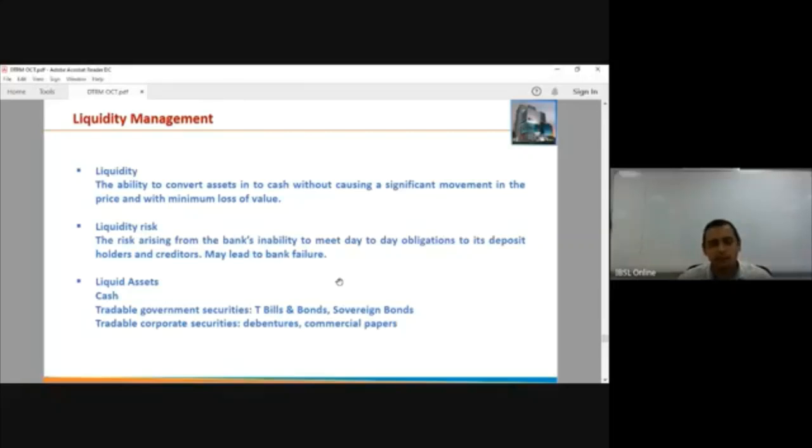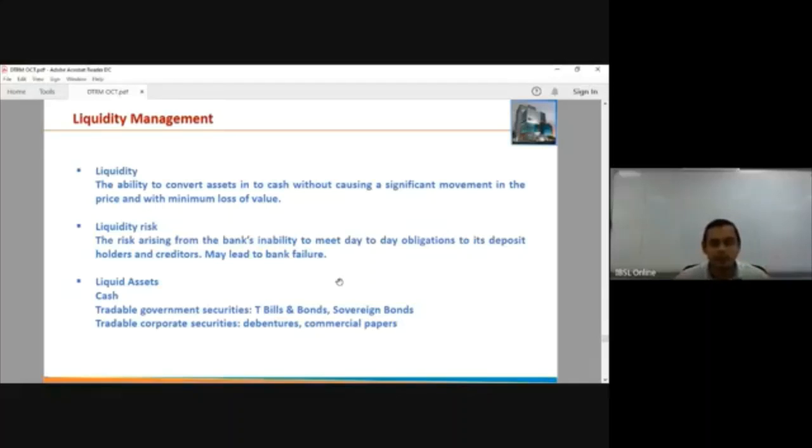So when a bank fails to meet the demand of depositors or creditors, that creates a kind of reputation risk to the bank. These days, within 5 minutes you put a post on Facebook, and it is finished, right? So now the sensitivity is so high that it may lead to a significant reputation risk to the bank. Once that reputation is in danger, everybody wants to take out their money from your bank.